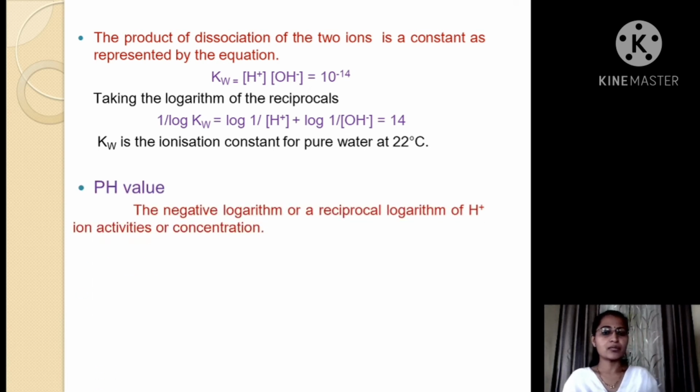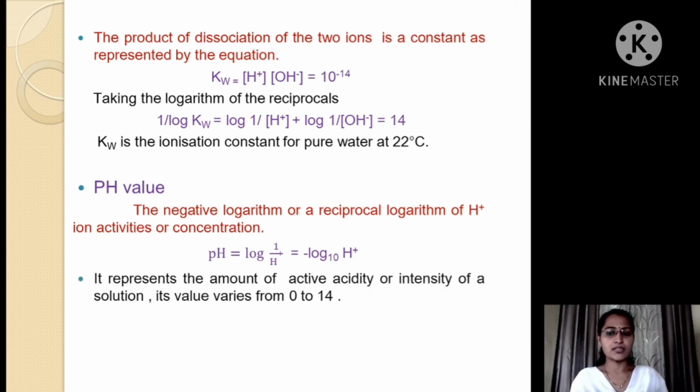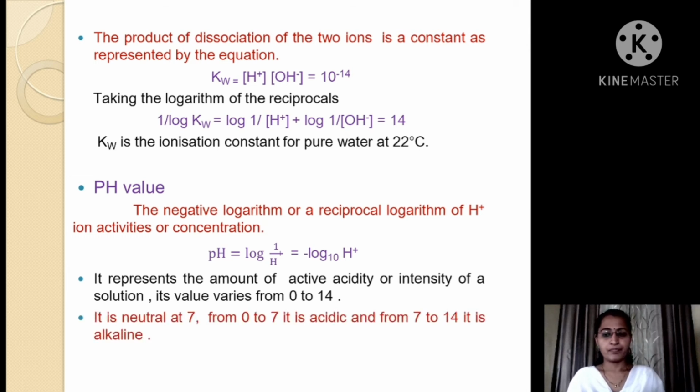The negative logarithm or reciprocal logarithm of H+ ion activity or concentration is called the pH. We can write pH = log of 1/[H+], or it may be written as minus log to the base 10 of [H+]. pH represents the amount of active acidity or intensity of a solution, and its value varies from 0 to 14.